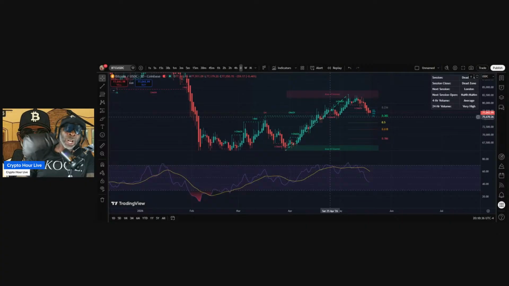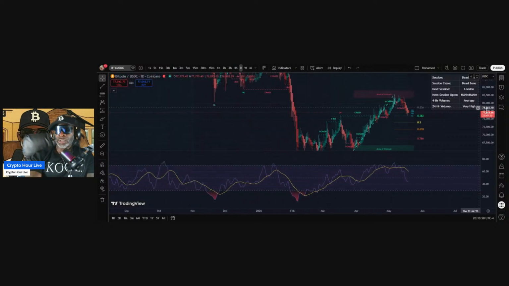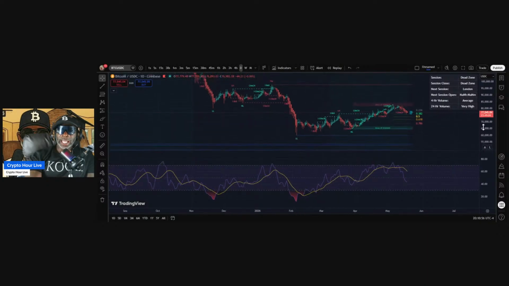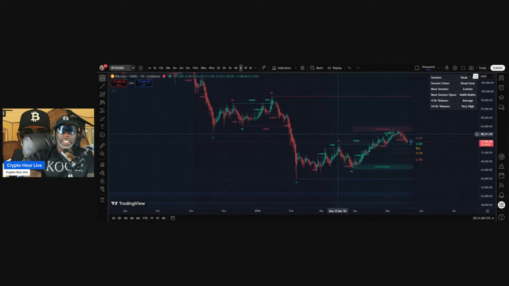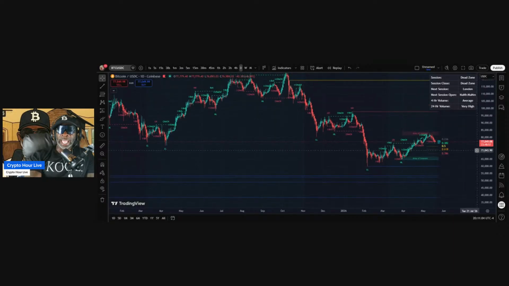And what I also realized was a lot of big money, a lot of whales, they don't trade every day. Let me show you. This is the daily time frame. A lot of these guys just wait, and then they jump in.